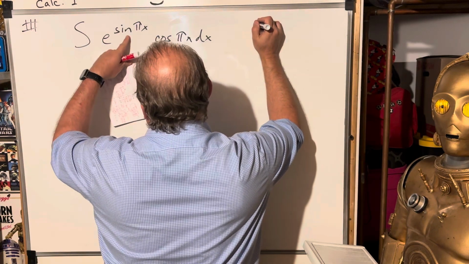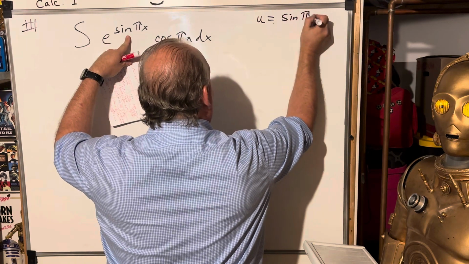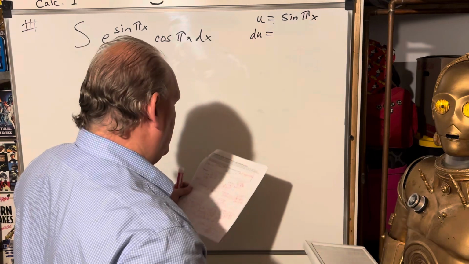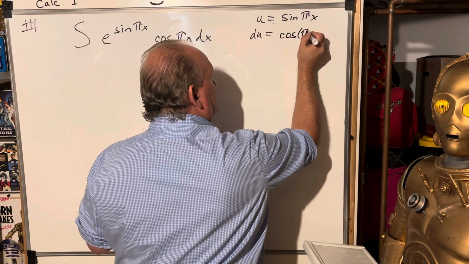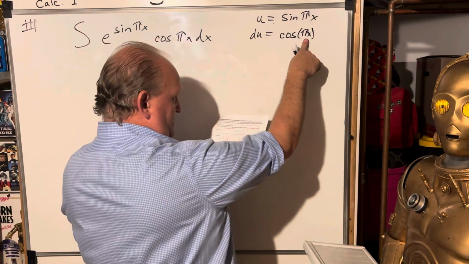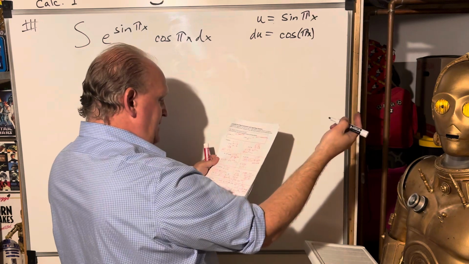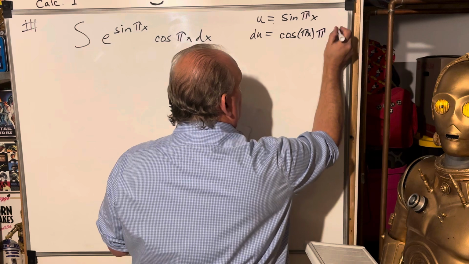So let's call u sine pi x, and then let's do du. The derivative of sine is cosine of pi x, and then you got to multiply it by the derivative of whatever is inside of there, which is pi. And then dx.